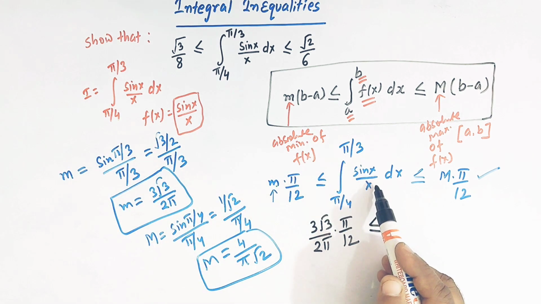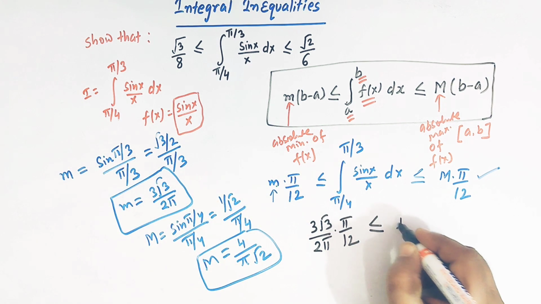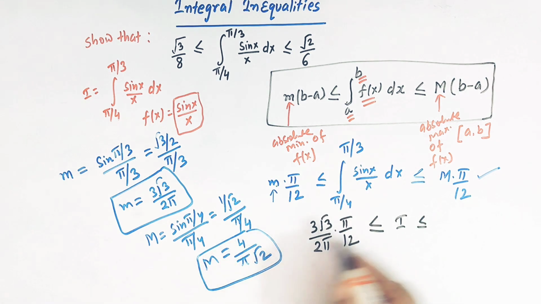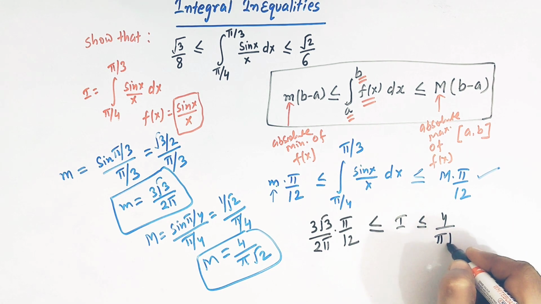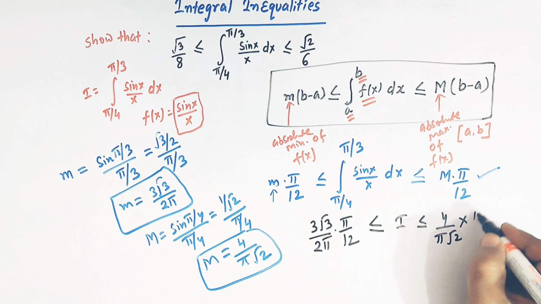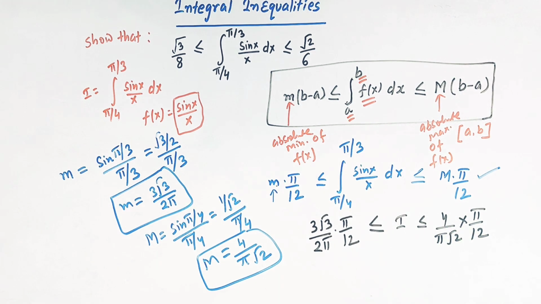We can write this integral as I, and here M is 4 over pi root 2 times pi over 12. Now 3 fours are 12, and pi and pi get cancelled. So we are left with root 3 over 8.